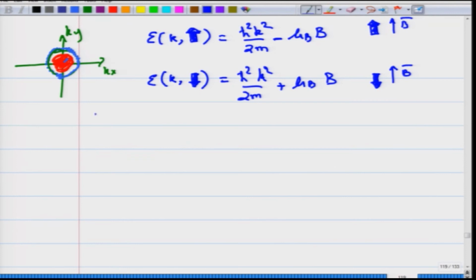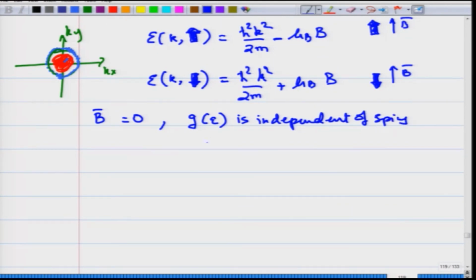Now, if we look at the behavior of the density of states for the spins which are either in the up or down state, in the absence of a magnetic field, for B equal to 0, the density of states is independent of spins. If you recall, the density of states is proportional to the density of electrons n by EF, times E by EF raised to half.